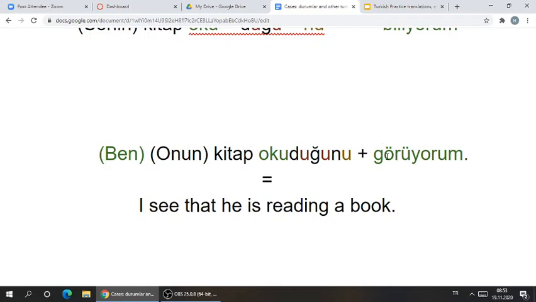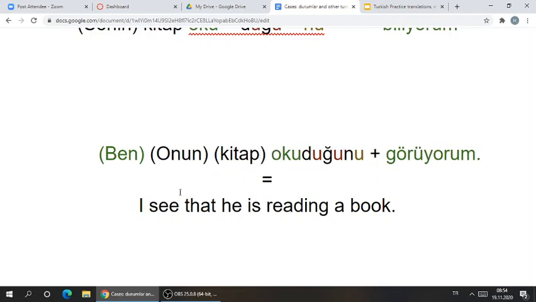But to specify ben, so I am seeing, accusative when you use the word to see. And then it's possessed because it's his. And we have the duk, that read a book. And if you want this object here, you can have it, but this could be the whole sentence right here. I am seeing that he's reading.